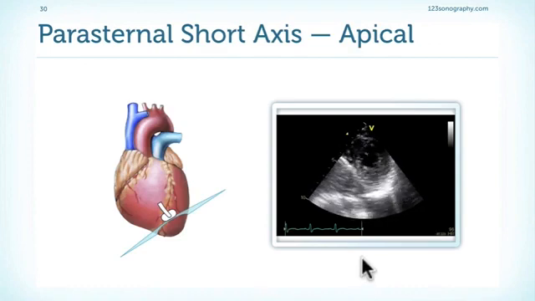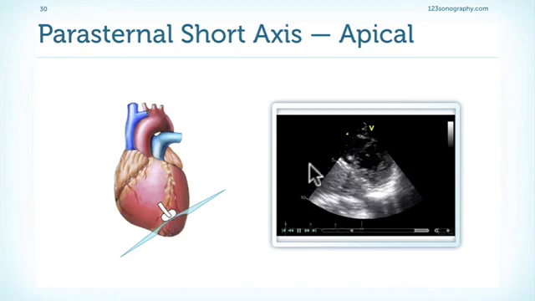A view that I also would like to show you, which I think is very important, is the parasternal short axis view, which is very, very apical, where we cut just the last portions of the heart. This view is sometimes even better to achieve if we use an apical position. This is the image that we would get. You see that we only see a very small cavity of the left ventricle.